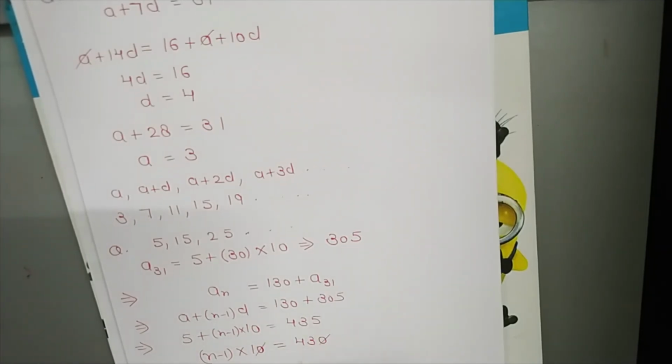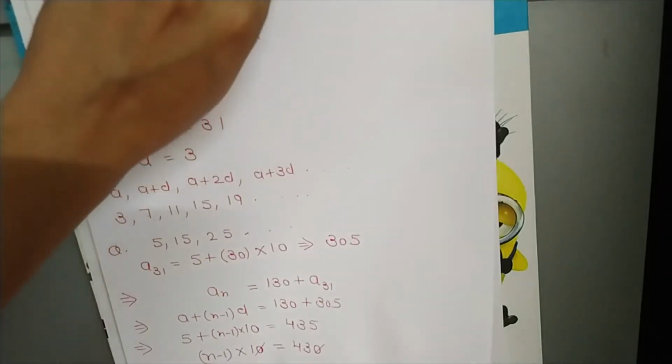Then this will be cancelled, so n minus 1 is equal to 43. Then n is equal to 44. So the 44th term of the given arithmetic progression is 130 more than its 31st term. Okay, move on to the next question.